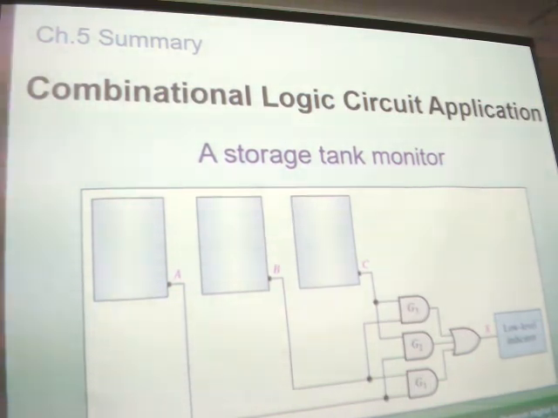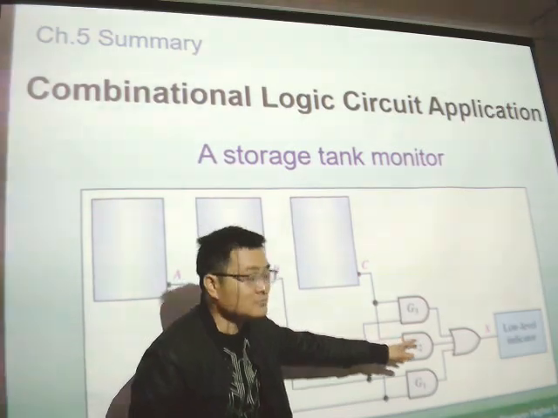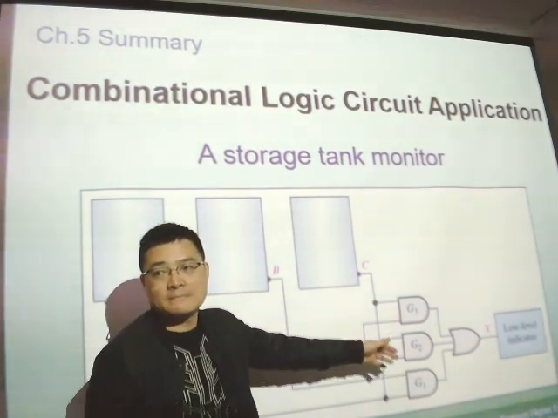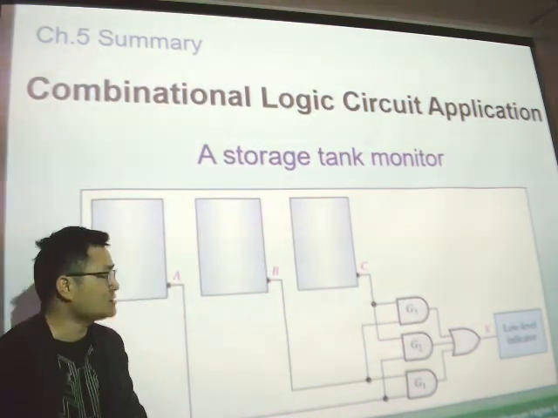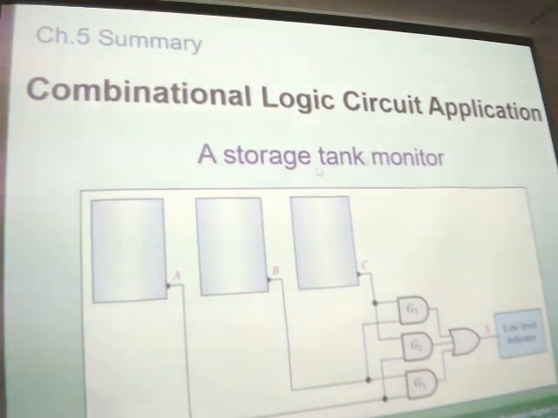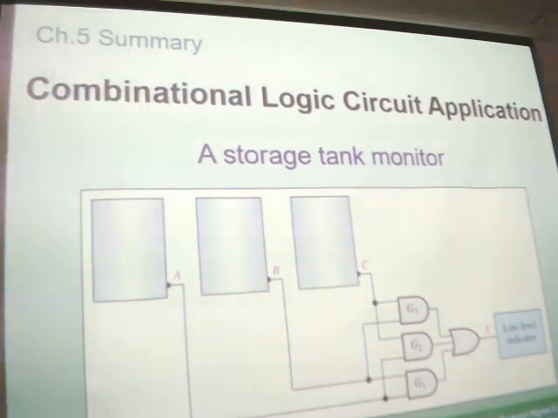How to write the Boolean expression of this diagram? AND gate. So this is AB plus AC plus BC.